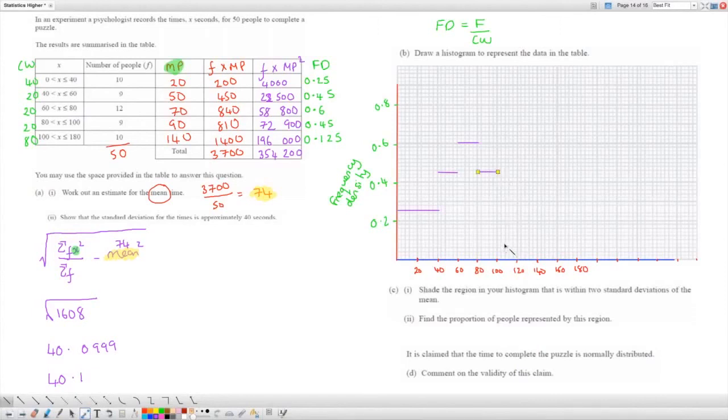And then lastly, we drop down from 100 to 180 to 0.1, so halfway up, to 5. So again, going up to here across. To 180.